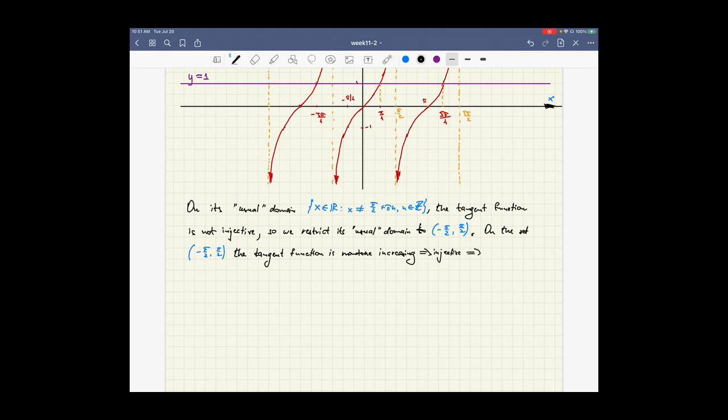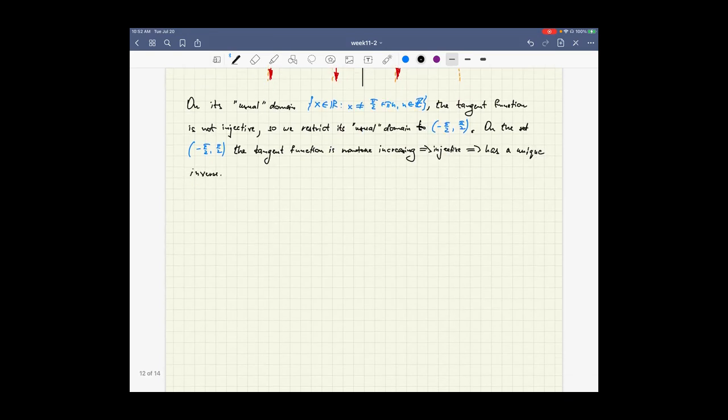Being injective and having the entire real line as its image, this function has a unique inverse. And this brings us to the definition.